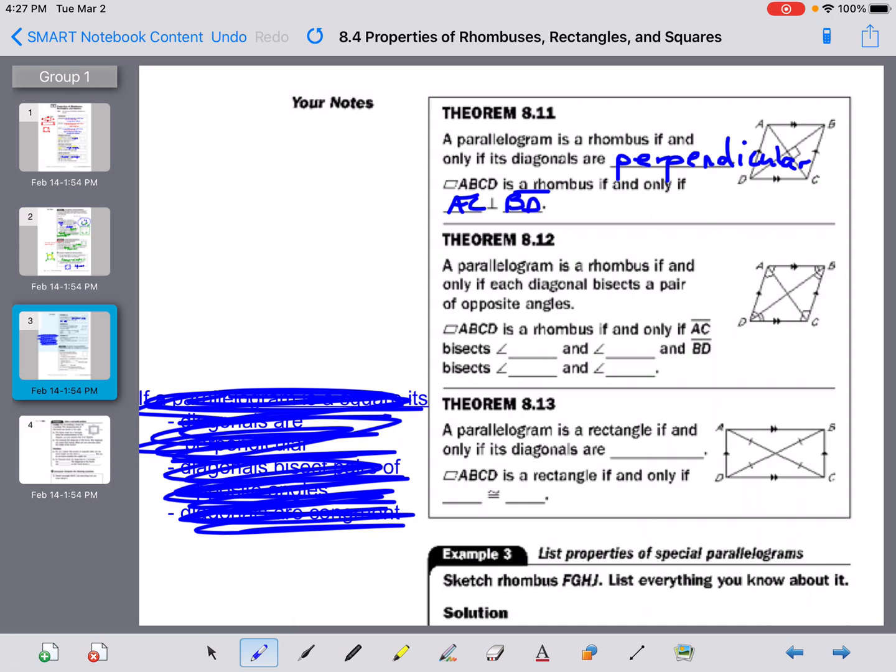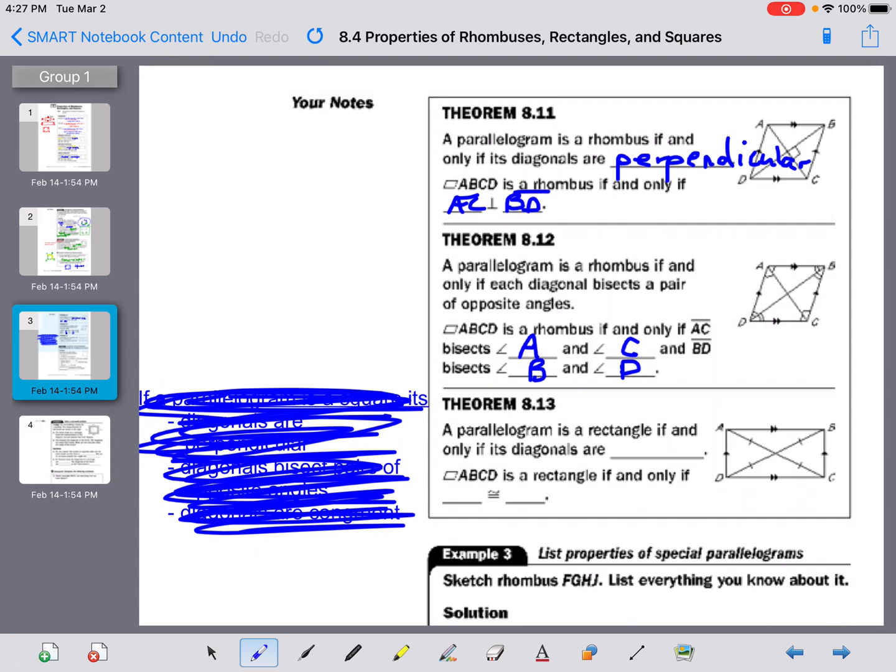On my next one, a parallelogram is a rhombus if and only if each diagonal bisects a pair of opposite angles. So now these diagonals are going to go through and cut the angle they go through in half. So AC is going to bisect angle A and angle C, and BD is going to bisect angle B and angle D. So it's cutting that angle in half as that diagonal goes through.